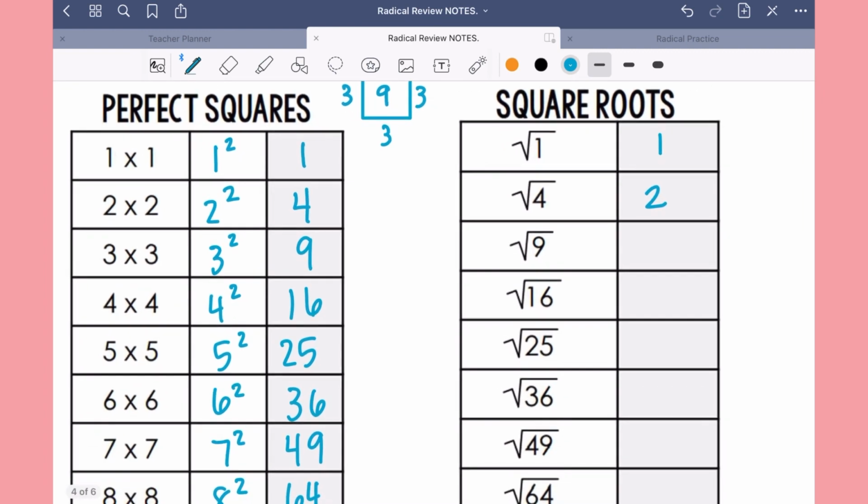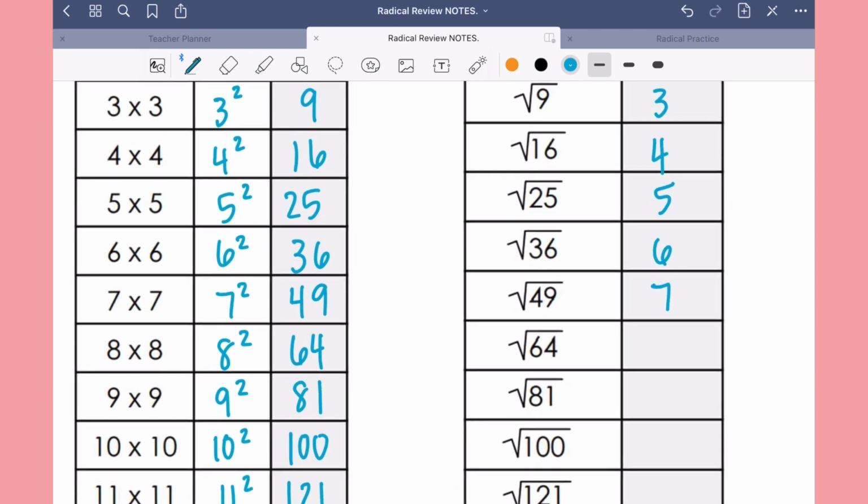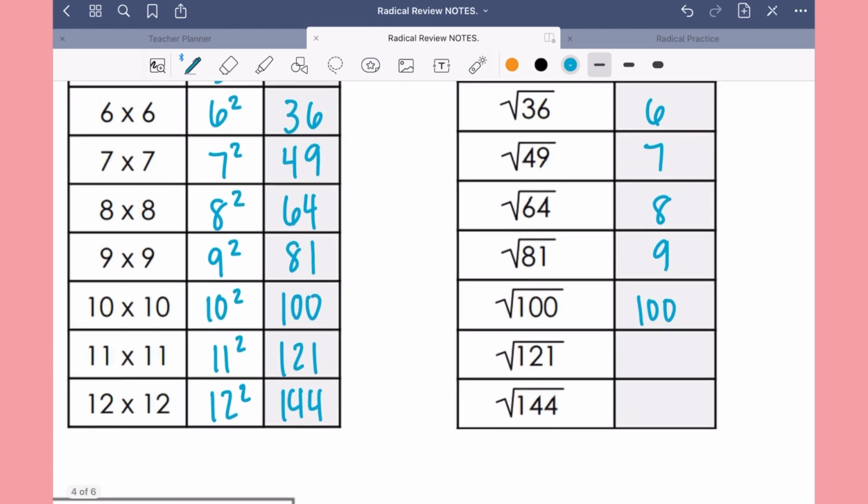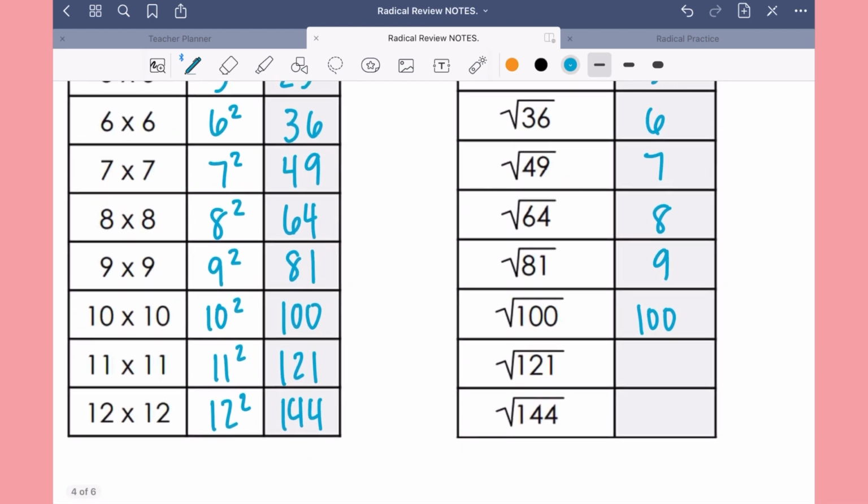Square root of 9, 3, 4, and if you notice the pattern, we're just going to write them all the way down. Square root of 81 is 9, square root of 100 is 10. You take the square root of 121, it is now 11. There's a typo. And 12. Okay?